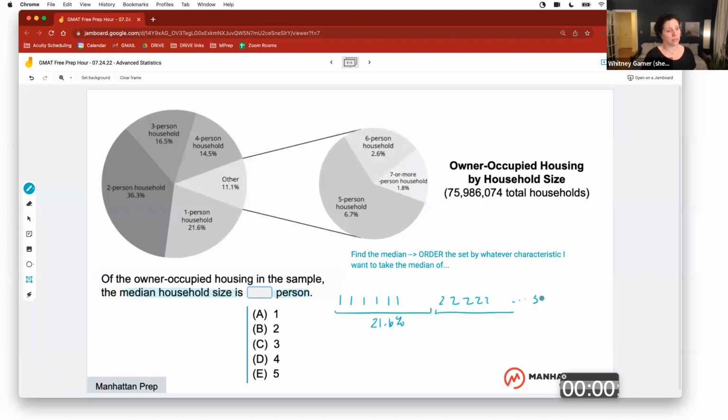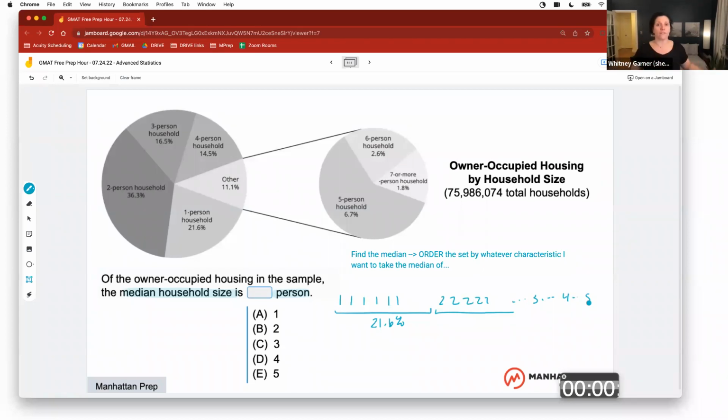I get some threes in there, some fours in there, and then eventually some fives, and so on and so on. So once I have a one-person household all the way up to my 7, 8, 9, 10, I mean, there may be a few 25-person households, who knows, right? So once I've got them all lined up, I will then go find the middle. And the middle is the place where precisely 50% of the items are on one side, and 50% of the items are on the other side.